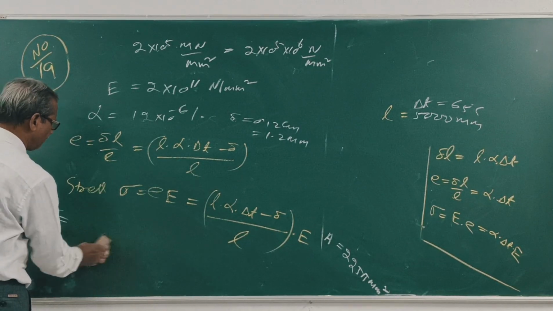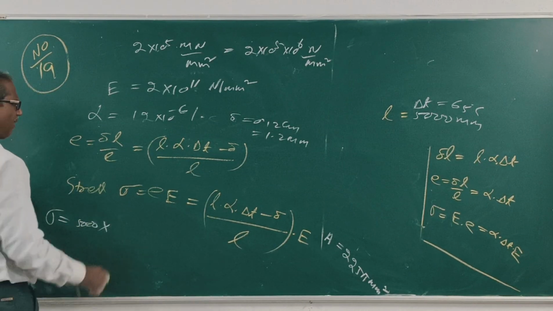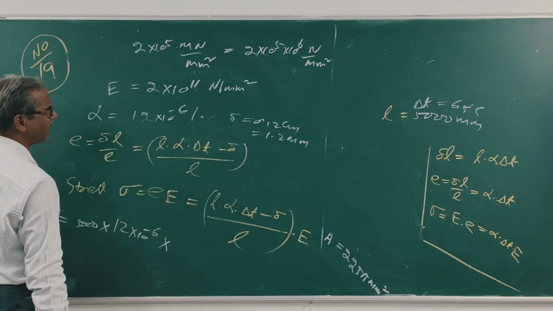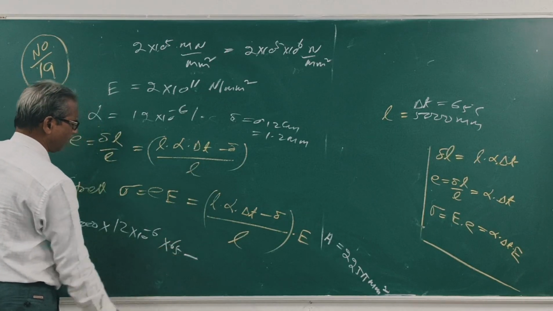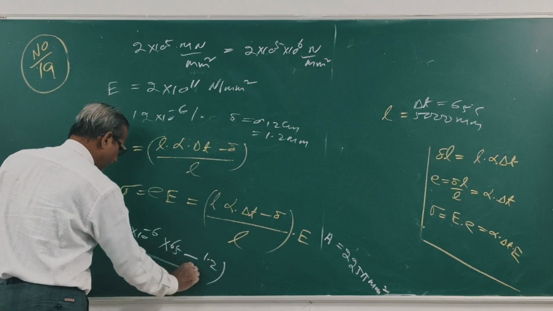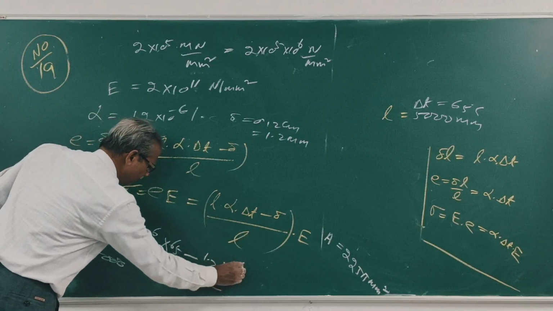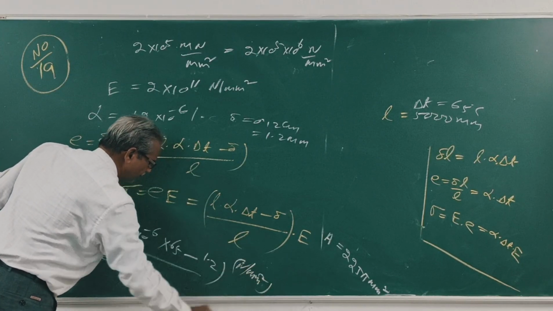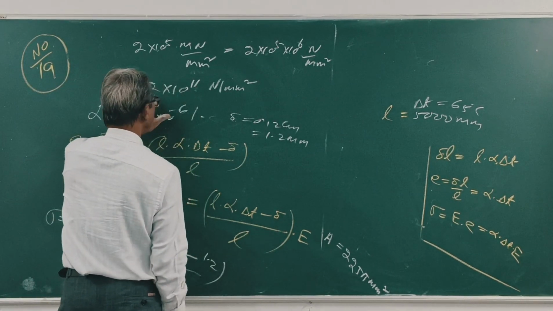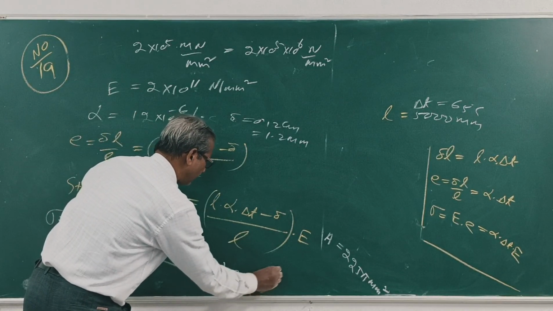What is alpha? 12 into 10 to the minus 6. Delta T is 65, minus delta 1.2, whole by 5000, into E. What is E? E is equal to 2 into 10 to the 11. The answer is in Newton per mm square.